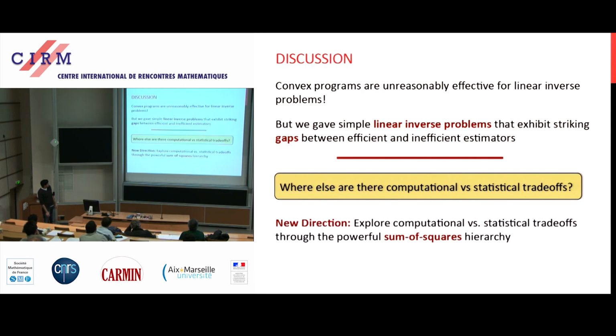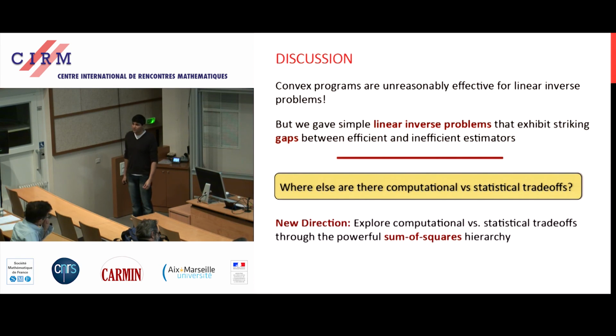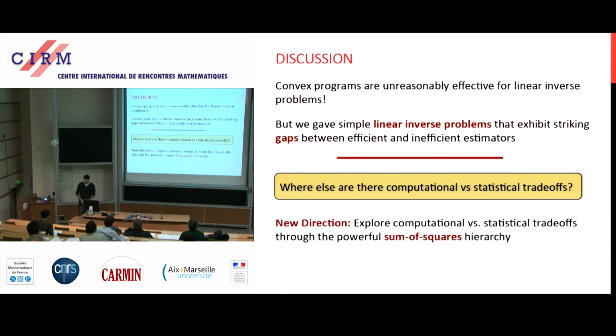So I think it's really exciting to try and explore computational versus statistical trade-offs through hierarchies, and to think about what complexity has to say about these problems, especially if the answer is not so pessimistic and there actually are interesting algorithms, but you can't be unboundedly optimistic and always hope that you can do everything. So that's it. Thanks.